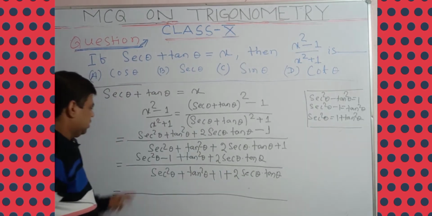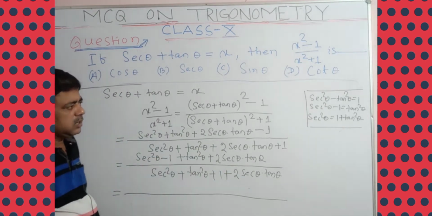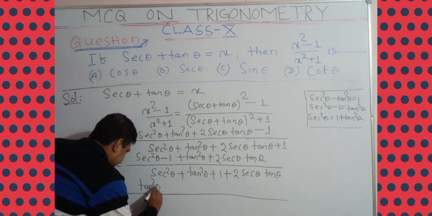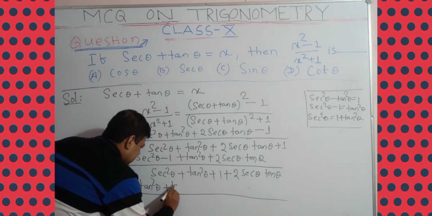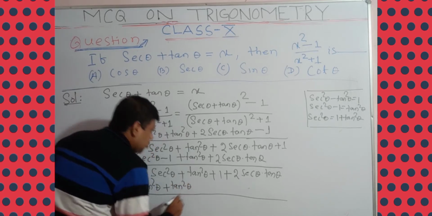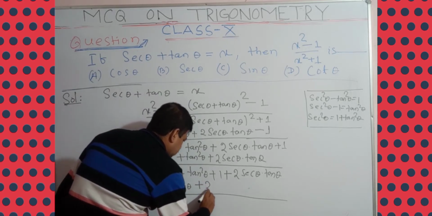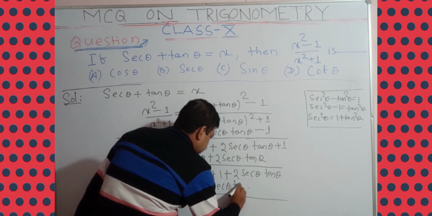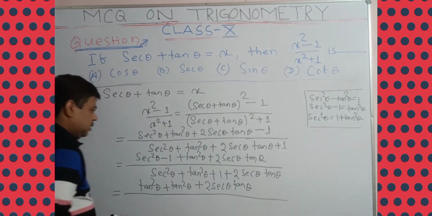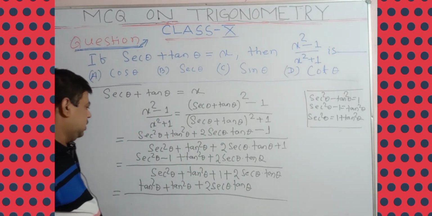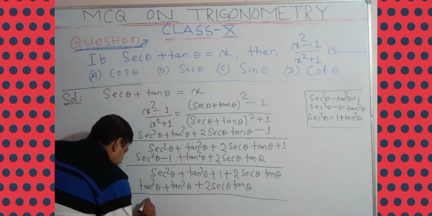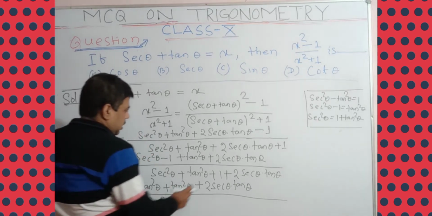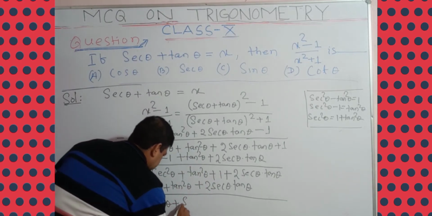you see, write down sec square theta minus 1 is tan square theta, so plus tan square theta plus 2 sec theta into tan theta. Understand? Similarly, you write sec square theta plus 1 plus tan square theta.